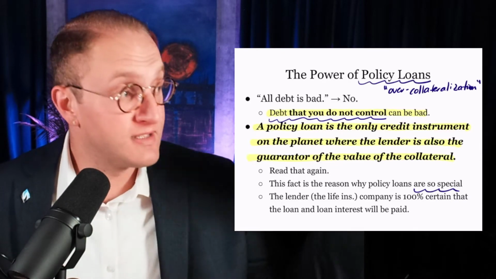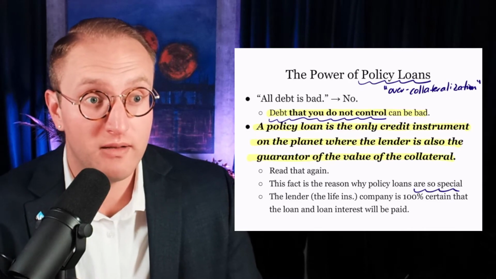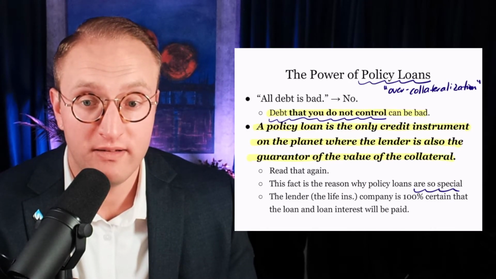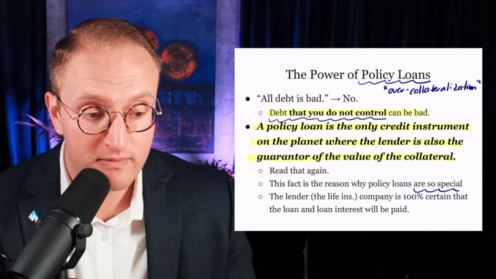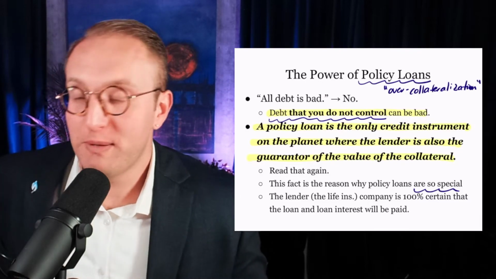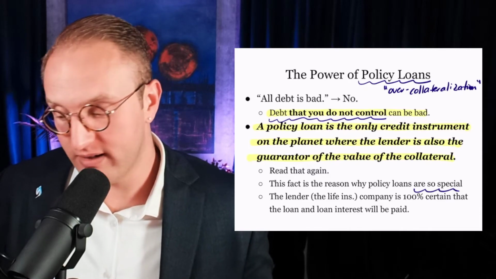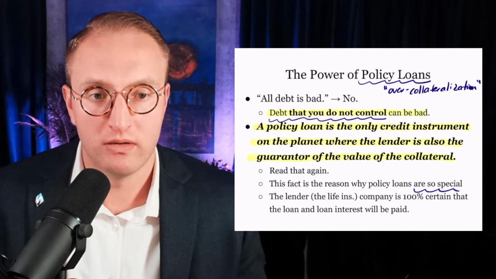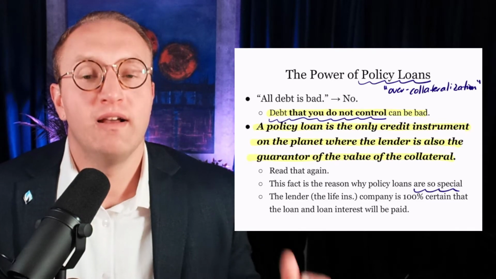You tell me, is there another credit instrument out there where the value of the collateral is guaranteed by the lender? No. And so what people will say, especially people who have never read Nelson, is, yeah, well, I have a non-recourse loan. Okay. Reflect to yourself.